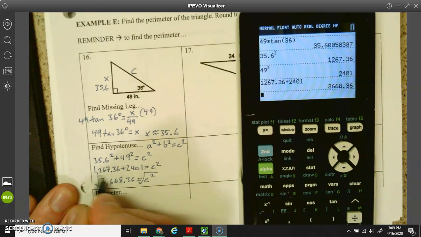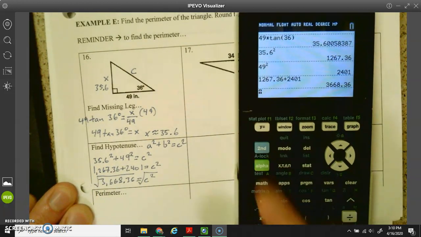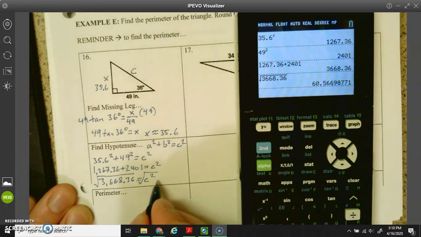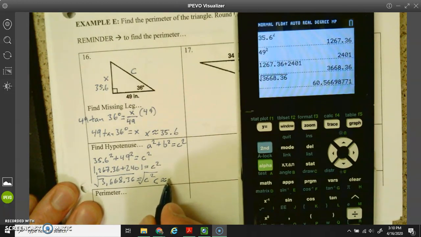Now I take the square root on both sides. So if I take the square root of 3,668.36, that gives me this value. So c is approximately equal to 60.6.